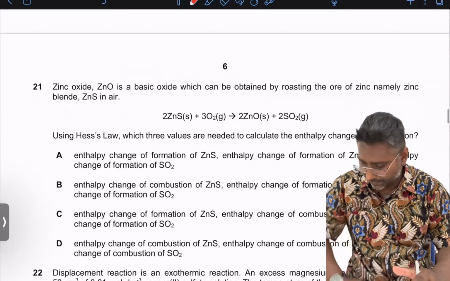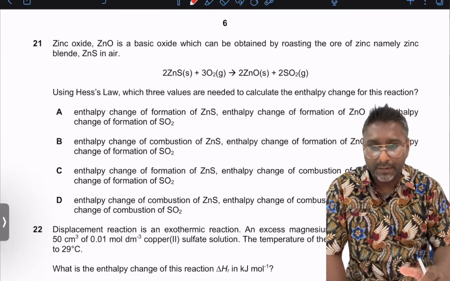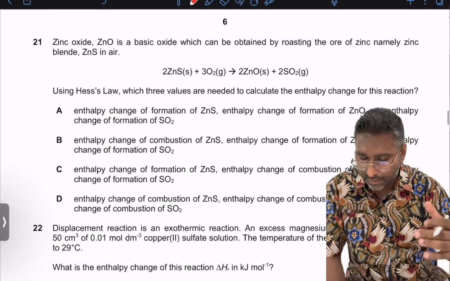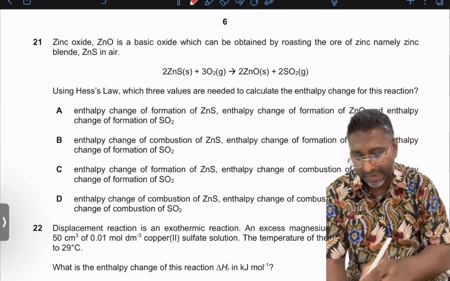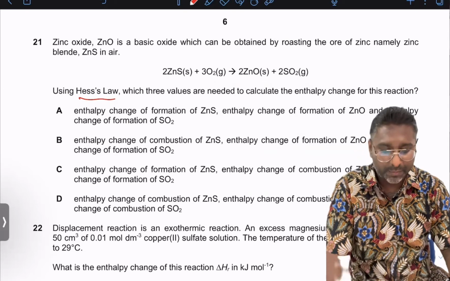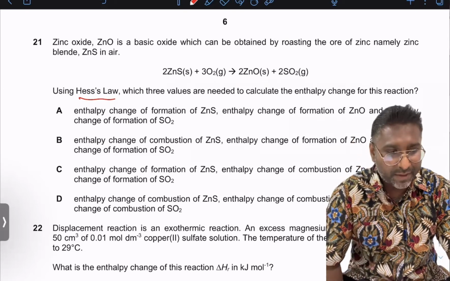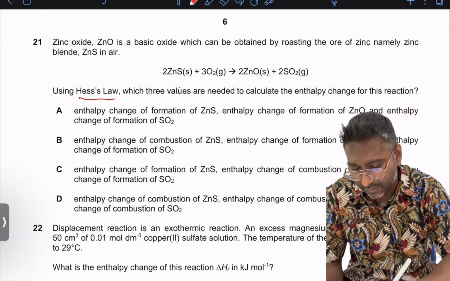21. Now zinc oxide, if you have zinc oxide, it's a basic oxide, can be obtained by all this. So using Hess's law, which of the 3 values are needed to calculate enthalpy change for this reaction? Now this one, there are many ways to calculate, but one of the easiest ways is the one that I told you.